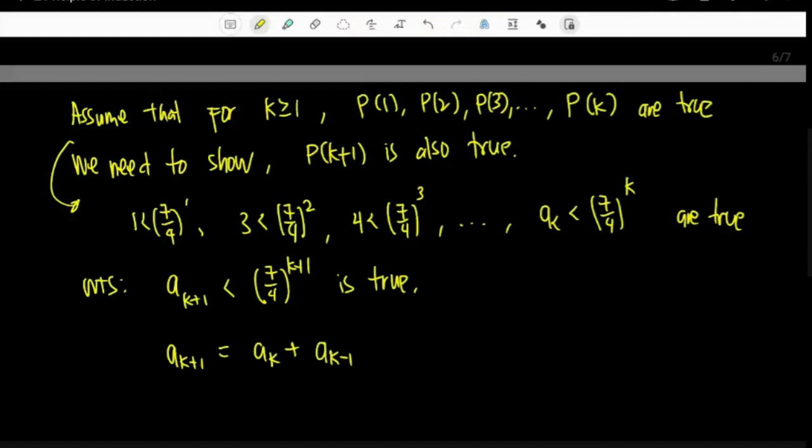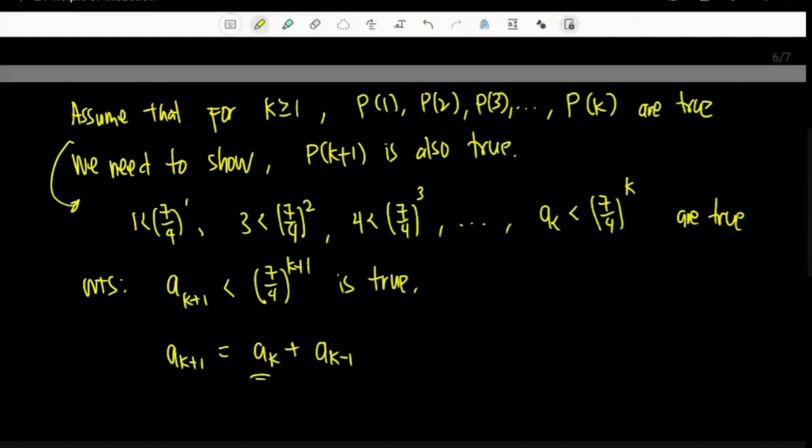Now, this is why we need a stronger hypothesis, because we have two terms, a sub k and a sub k minus 1. If we use the weaker version where you only assume a certain property to be true at k, then you cannot conclude if your statement contains another term.